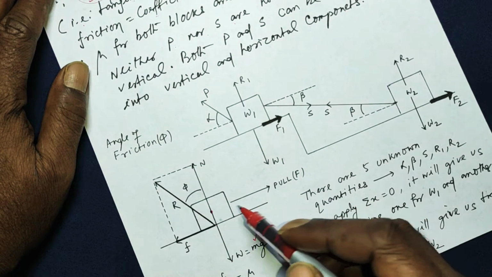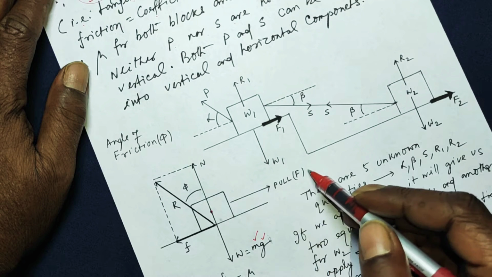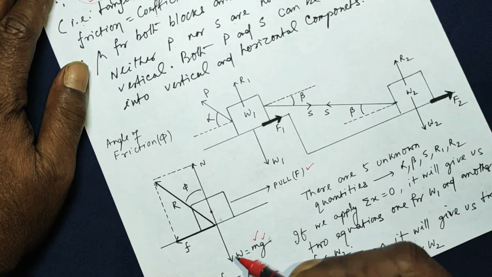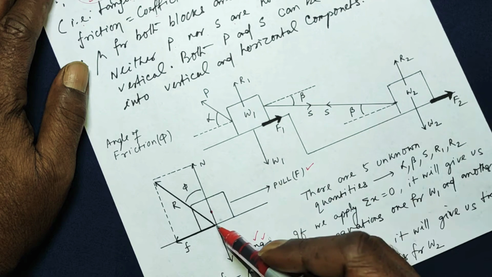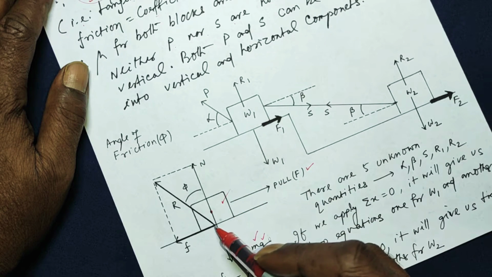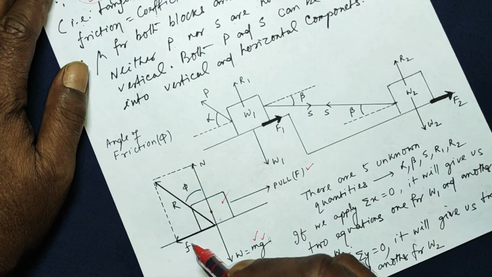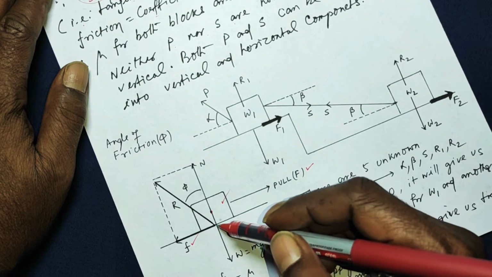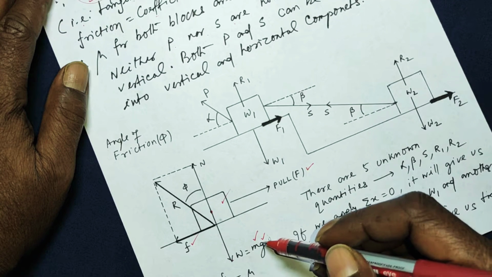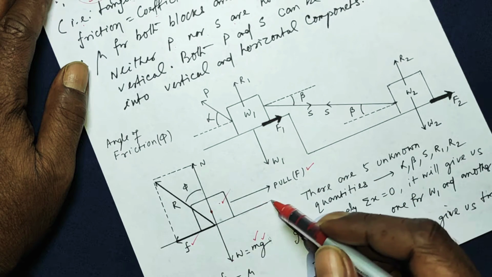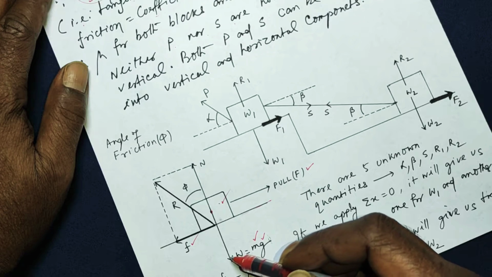Now, if you are trying to pull it to the right-hand side with a force F, this block is tending to move to this side. So the force of friction for this block will be towards the left, let it be F. And this is your action force, the weight mg, that the block is applying on the horizontal surface vertically downward.